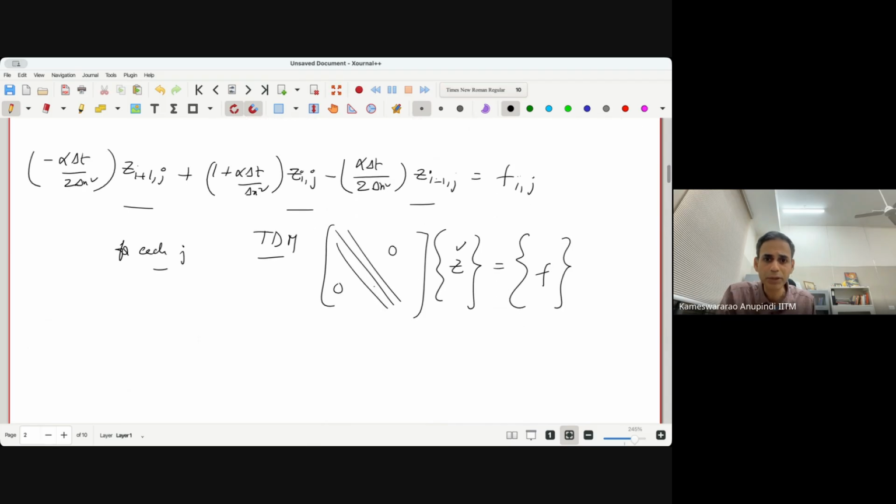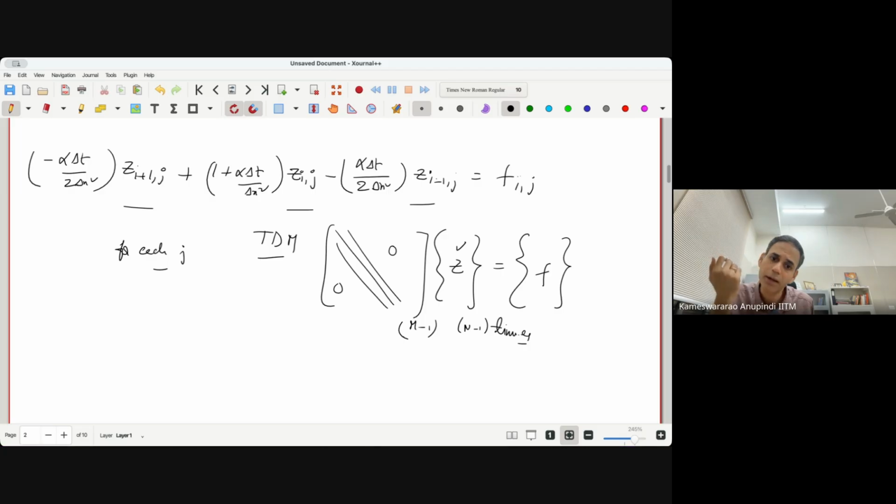So this is much simpler to solve because you have to solve m minus 1 equations, n minus 1 times, right? Because you have to solve it for each j, you will get one such equation. So that means you have to solve m minus 1 equations n minus 1 times.